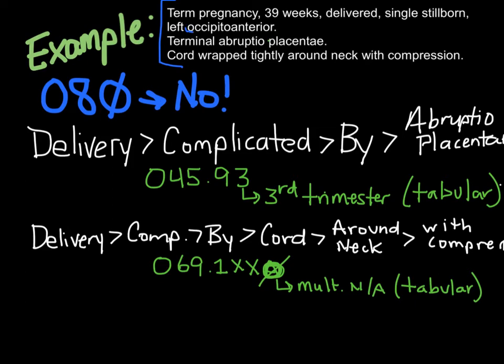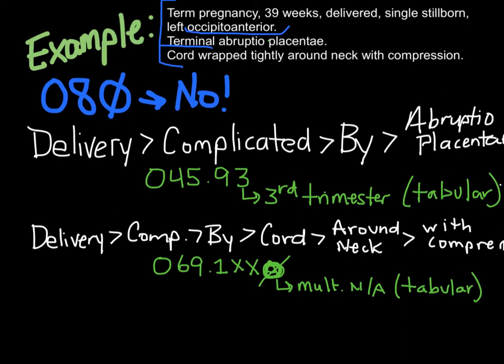These terms actually are described pretty well in the handbook, so please take a look. And then we have terminal abruptio placentae. This just means the placenta prematurely detached from the wall of the uterus, and in this case it's causing death.